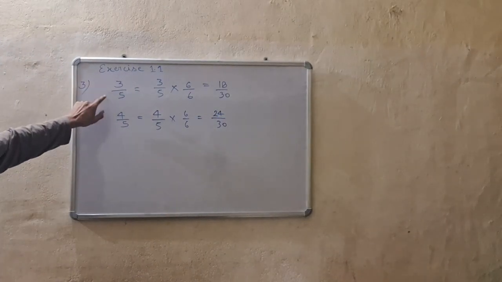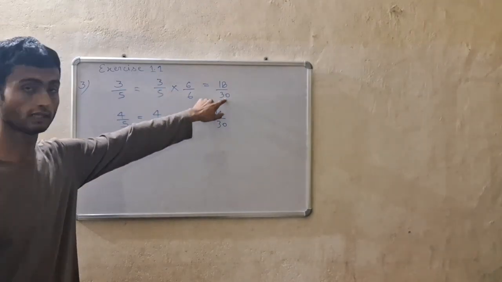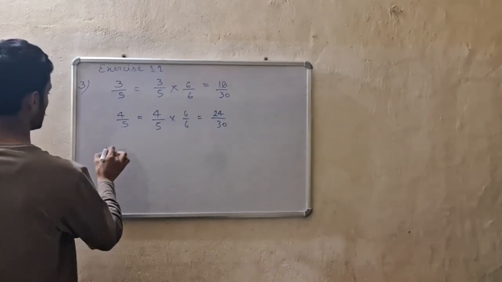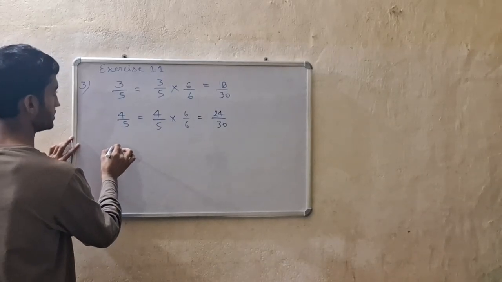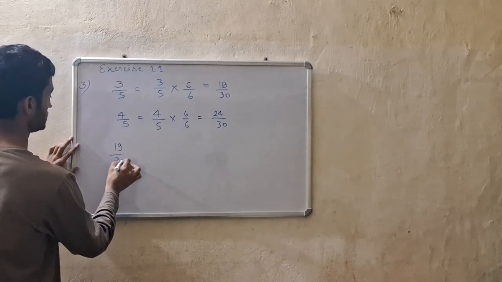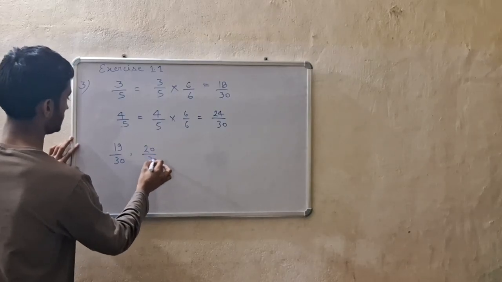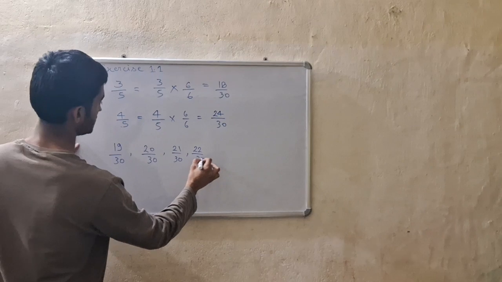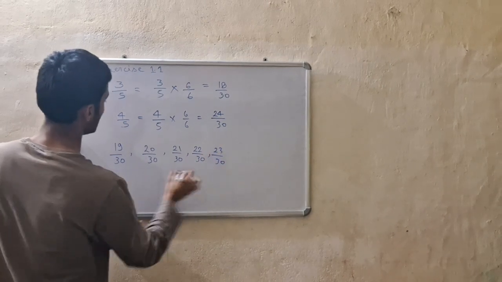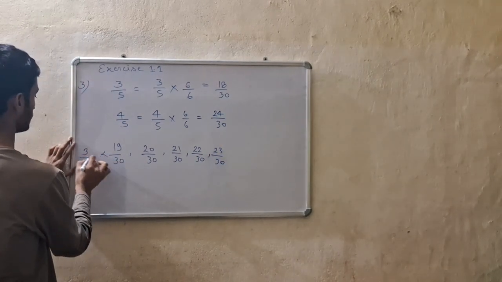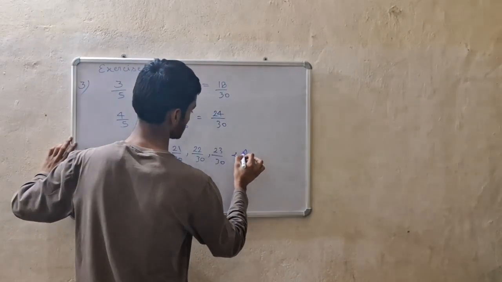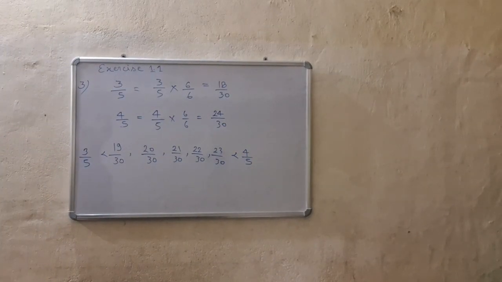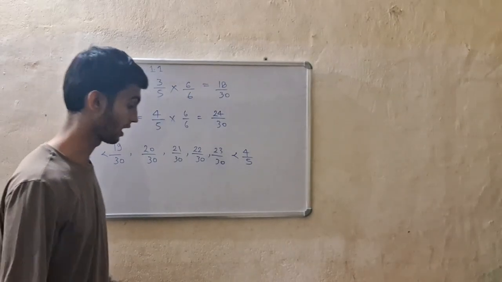Now 3 upon 5 has been represented in this form and 4 upon 5 in this one, so we can easily find the rational numbers: 19 upon 30, 20 upon 30, 21 upon 30, 22 upon 30, 23 upon 30. All these rationals lie between 3 upon 5 and 4 upon 5. So we just answered the question.